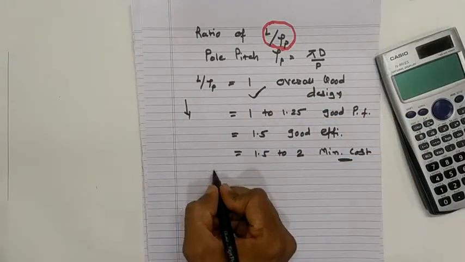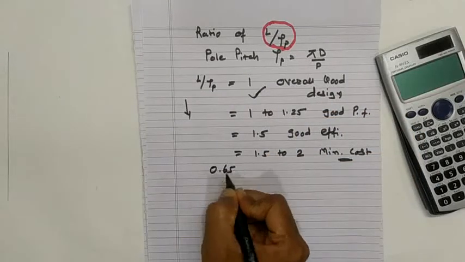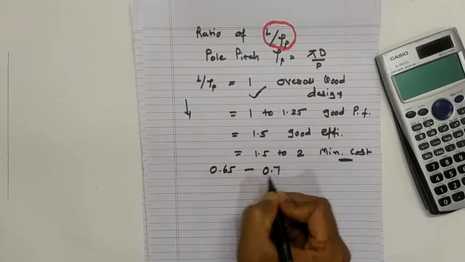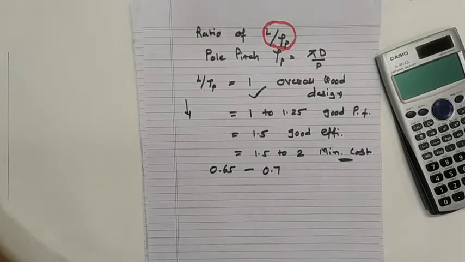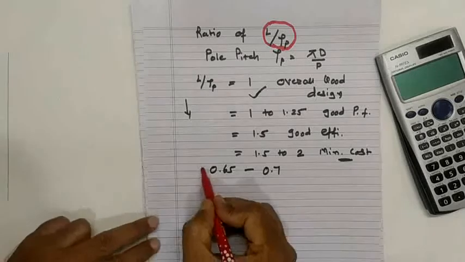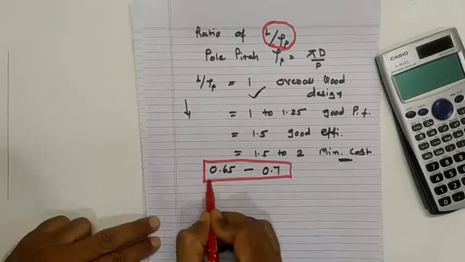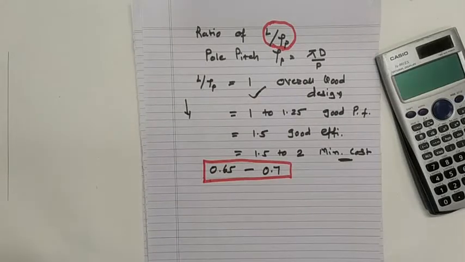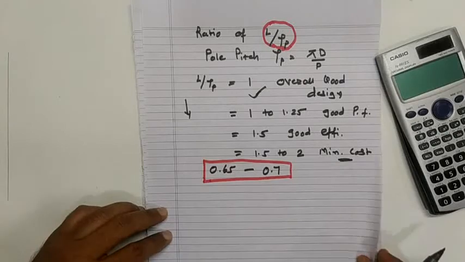Practically we take nearly 0.65 to 0.7. This is our standard rating to consider this ratio. So this much of estimation is required.